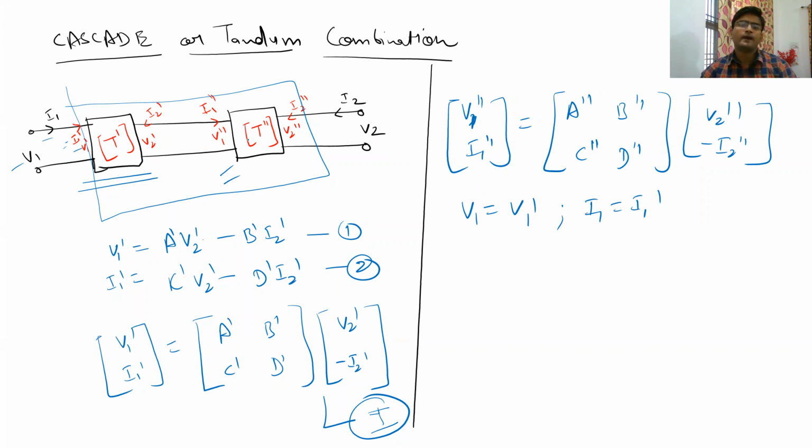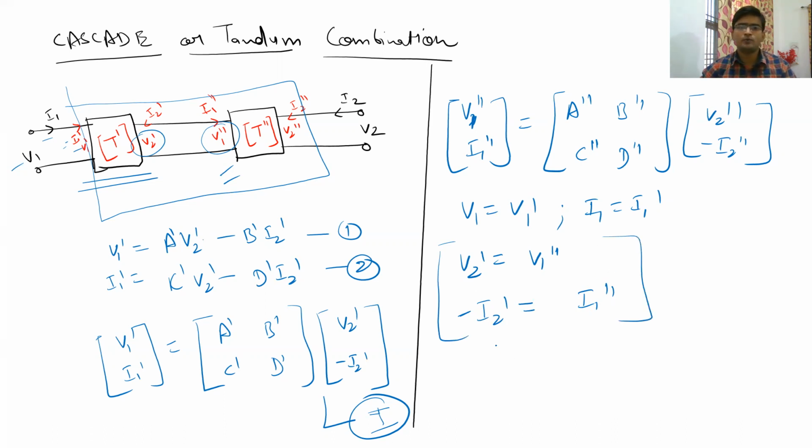And also you can see that V2' is equal to V1'', and I2' is equal to minus of I1'', or you can say that minus of I2' is equal to I1''.